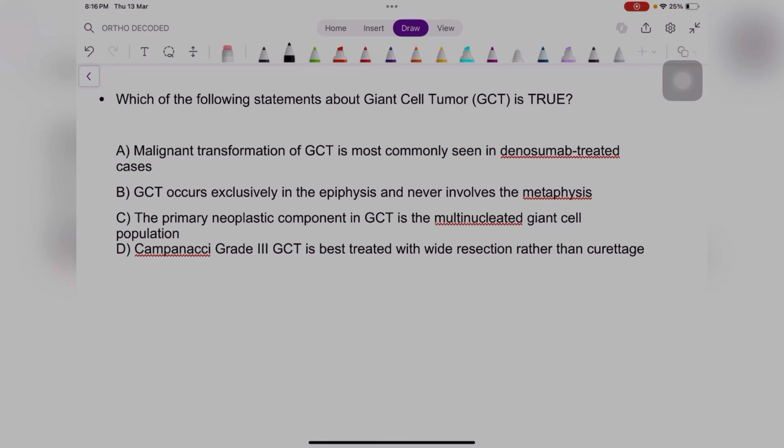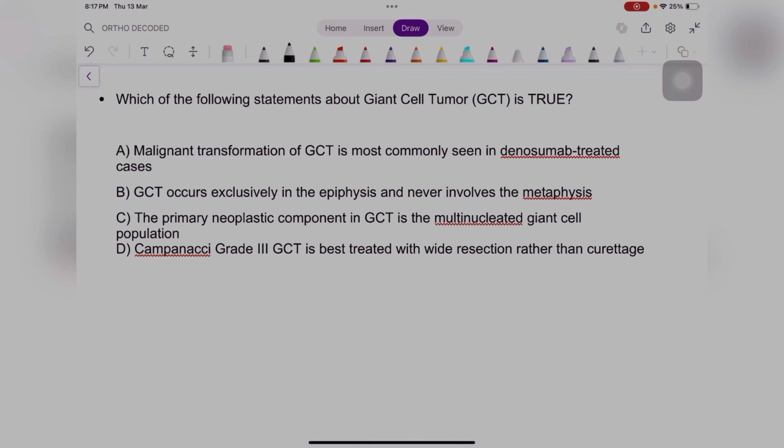The second option is it exclusively occurs in the epiphysis and never involves the metaphysis. The primary neoplastic component of GCT is the multinucleated giant cells. Campanacci grade 3 is best treated with wide resection rather than curettage. So, whenever you are seeing a question like this and you know the answer, I request you to go through all four options so that you will be very sure of your answer.